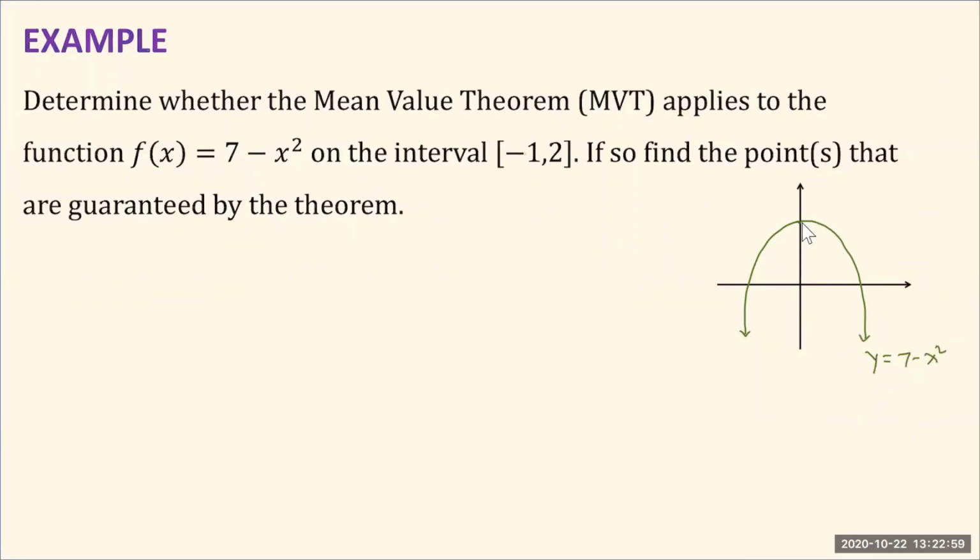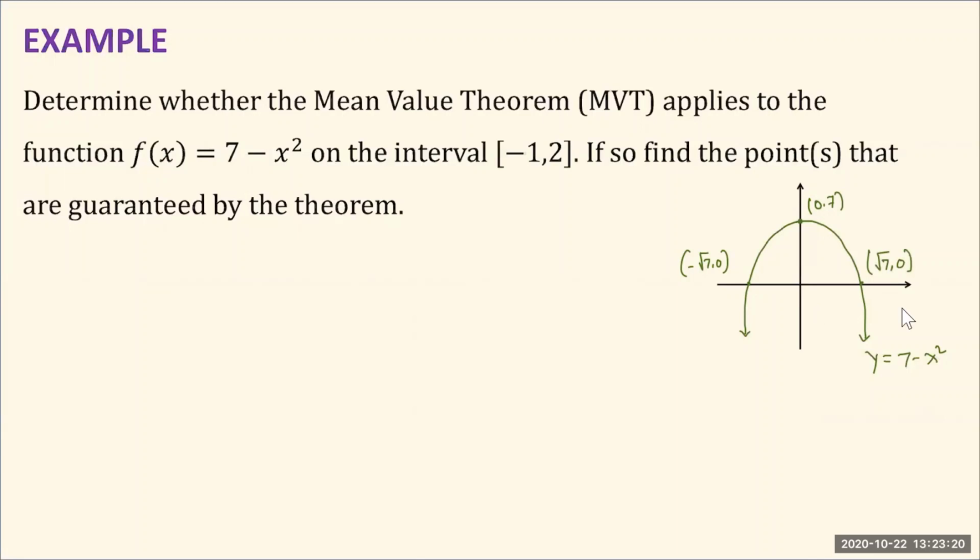The y-intercept is 7, so this point is 0, 7. Because we have 7 minus x squared, the x-intercepts will be negative square root of 7, 0, and square root of 7, 0.